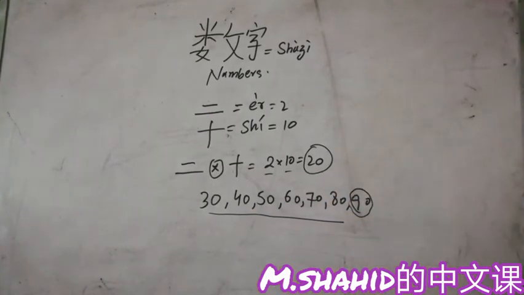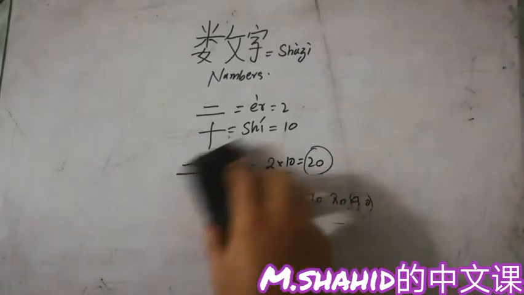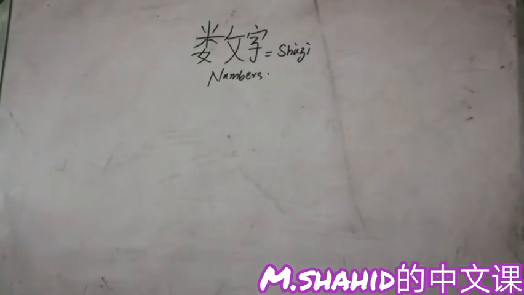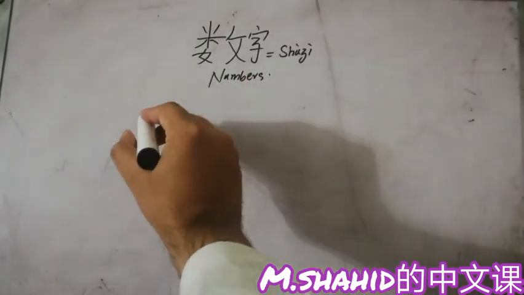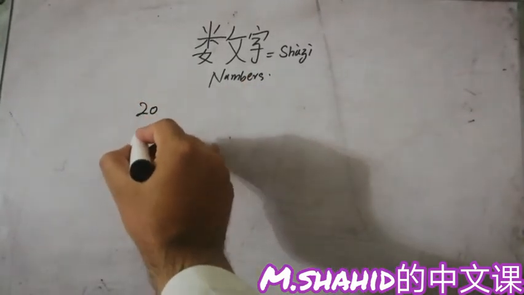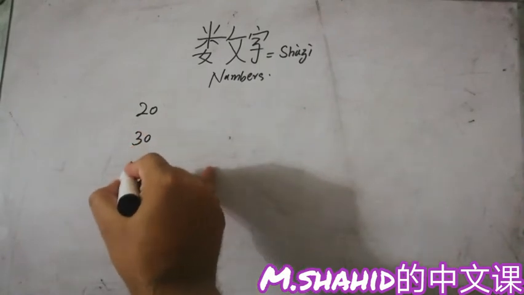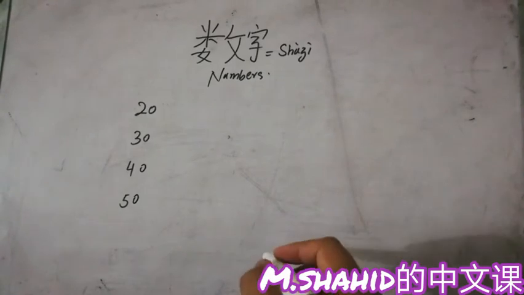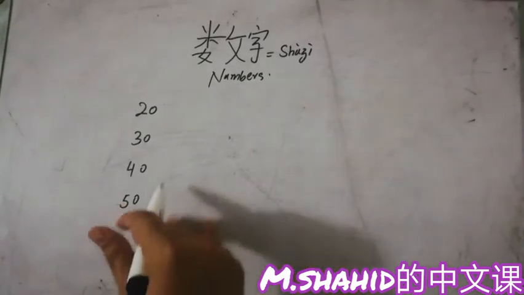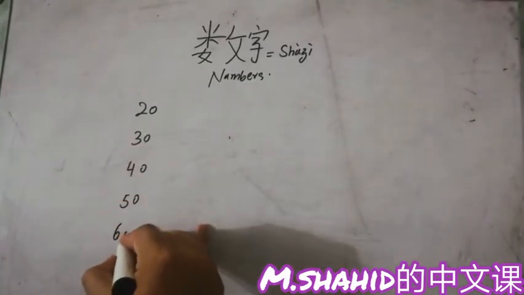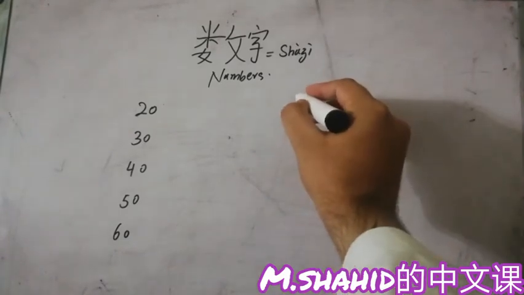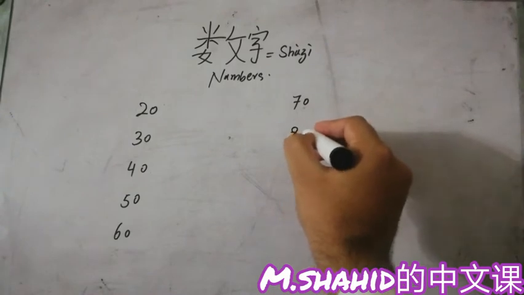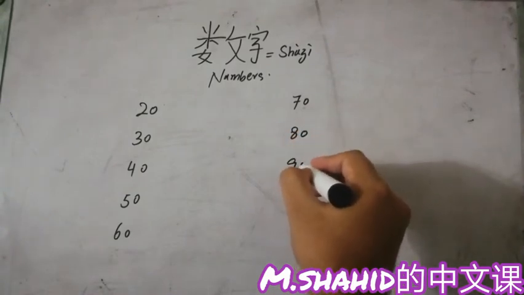Now let's write the numbers 20, 30, 40, 50, 60, 70, 80, and 90.